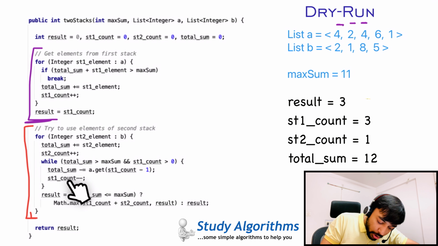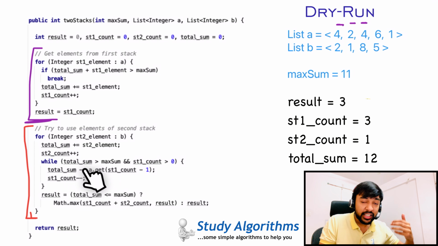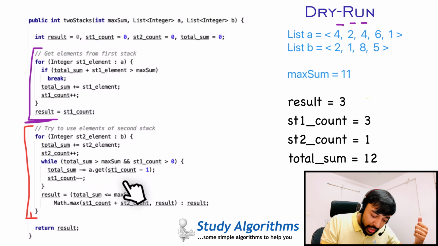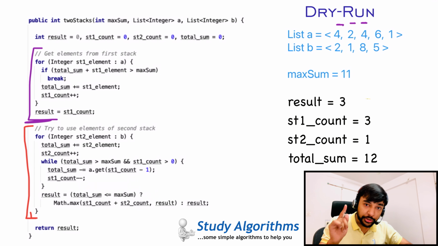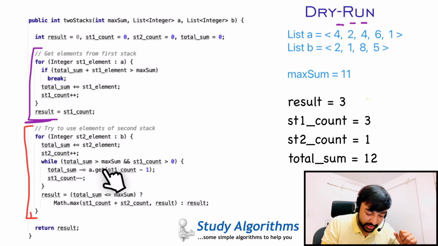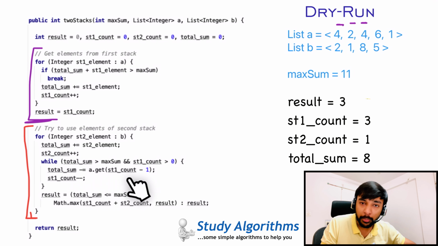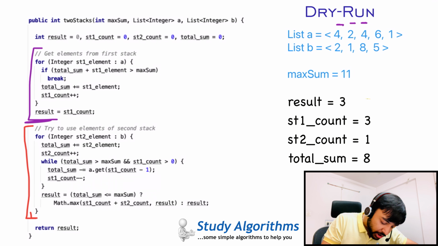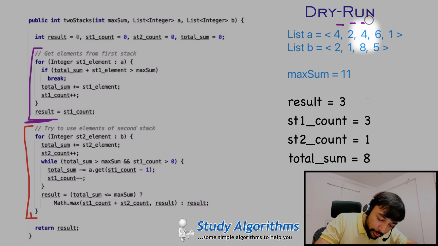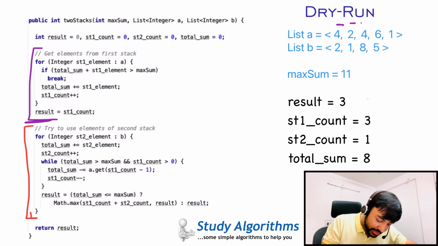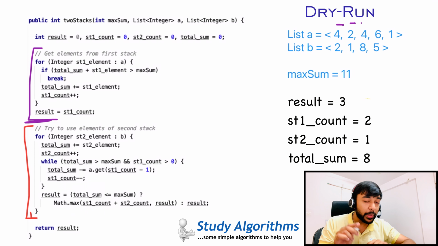So if our total sum is greater than the maximum sum, as in this case, we will remove one of the elements from our total sum, right? So this time I removed the element 4, and at the same time, I will also reduce the count of stack 1 because we reduced one element, right?